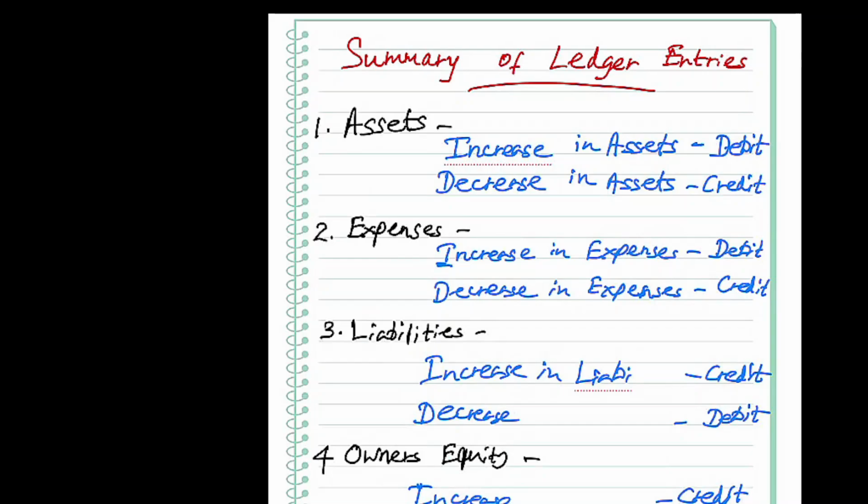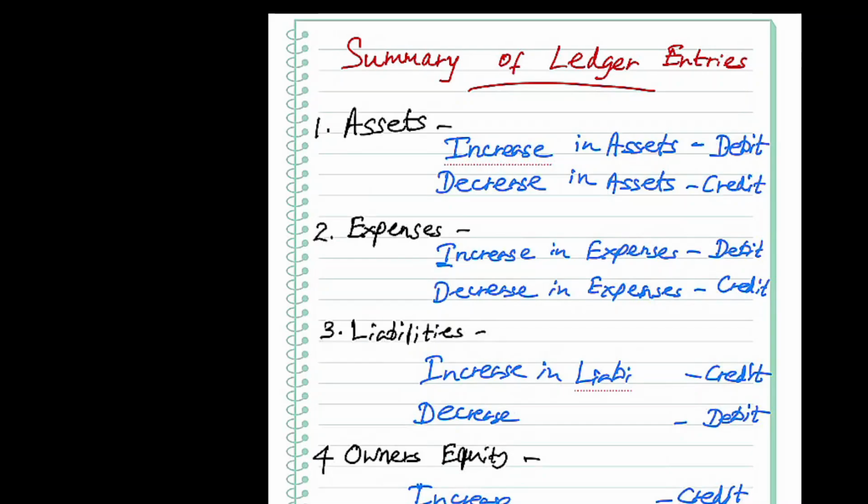There are 2 impacts, 2 movements in those elements because of the transactions. What are the 2 movements? Yes, Kohli? Increase, thank you. Increase and decrease. Each item either increases or decreases.